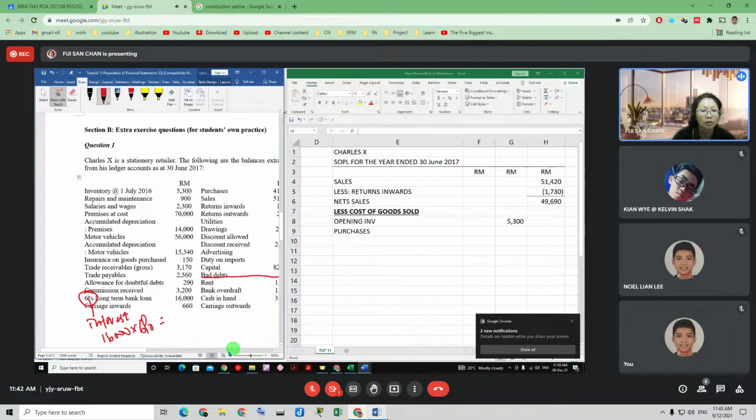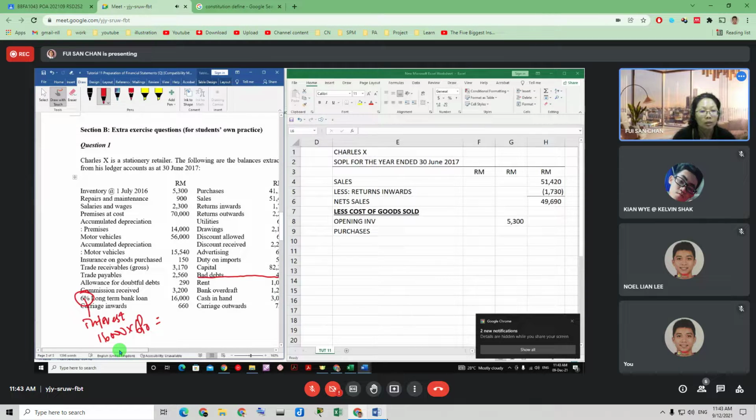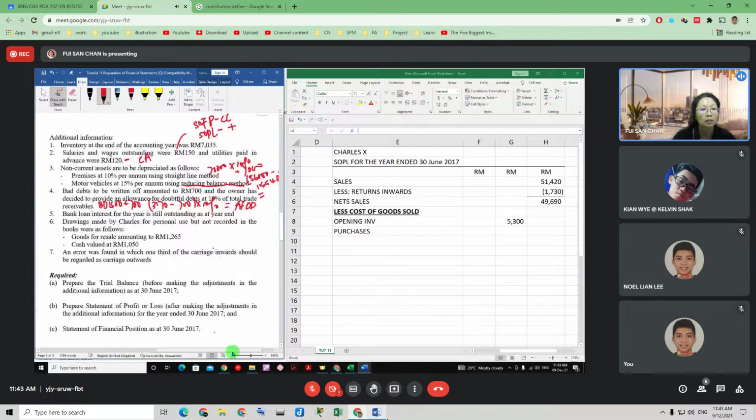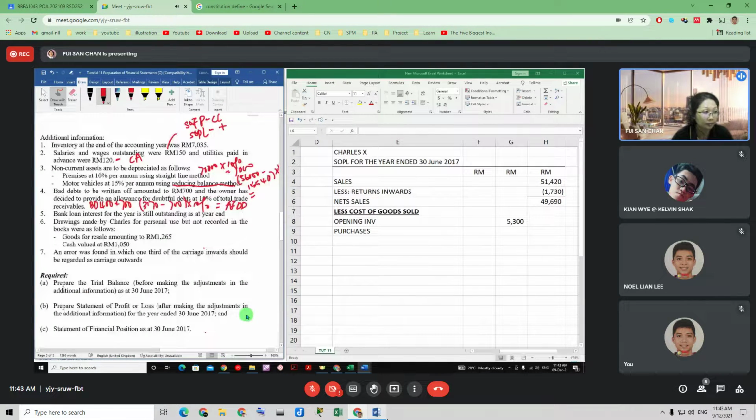And the question says still owing, meaning haven't paid, right? So meaning there will be a current liability, accrued interest on loan. But do you need to include this interest on loan in our current year expenses? Yes or no?